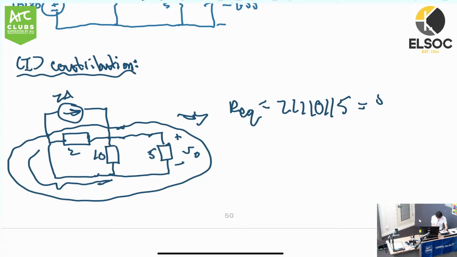Right, that should be 5/4 ohms. What that means is that the voltages across all of these are the same because they all share the same nodes. So V out dash is going to be I times R, where I is 2 and R will be 5 on 4.